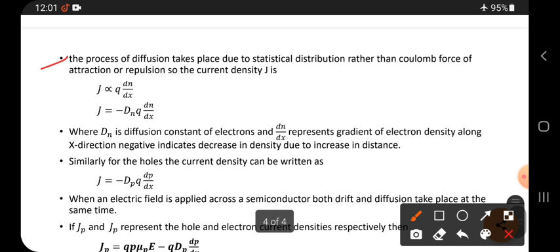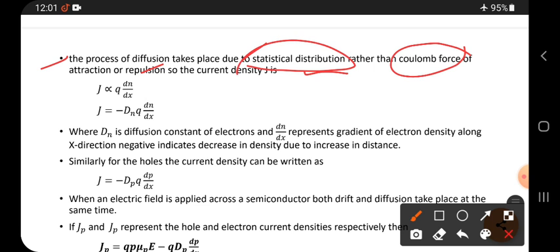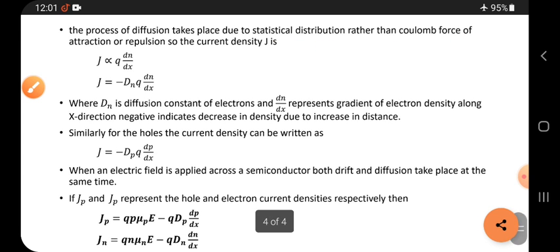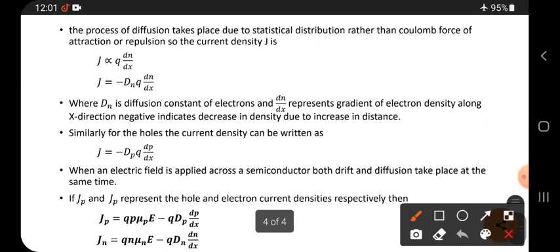The process of diffusion takes place due to statistical distribution rather than Coulombic attraction. So they do not follow the Coulomb attraction or repulsion force; they follow the statistical distribution, like Fermi-Dirac or Bose-Einstein. Here electrons obey Fermi-Dirac rules.